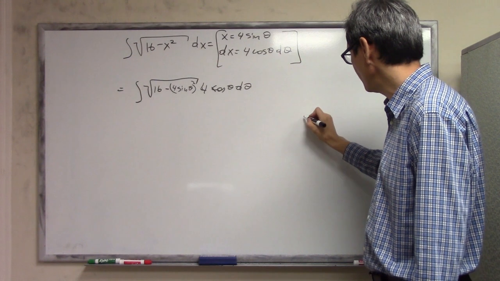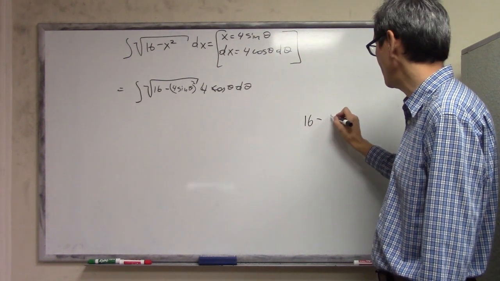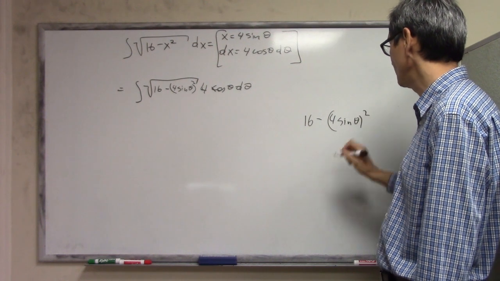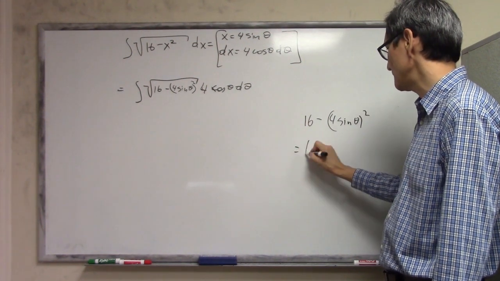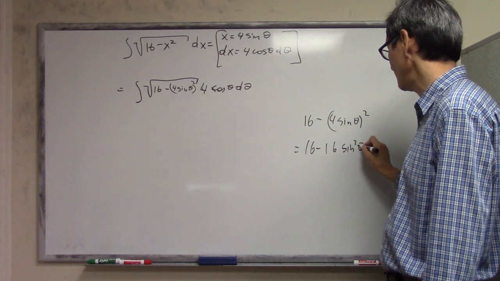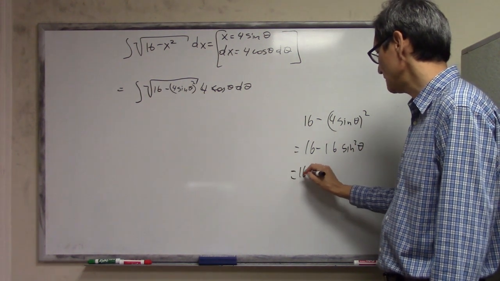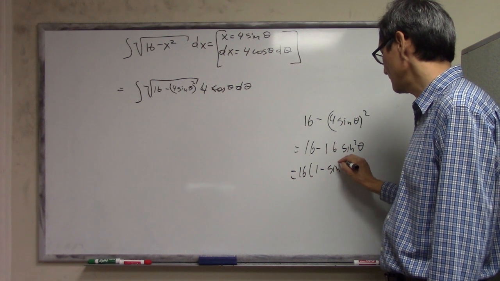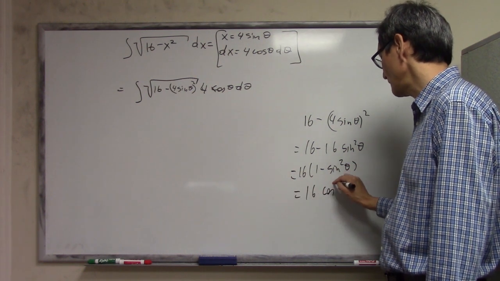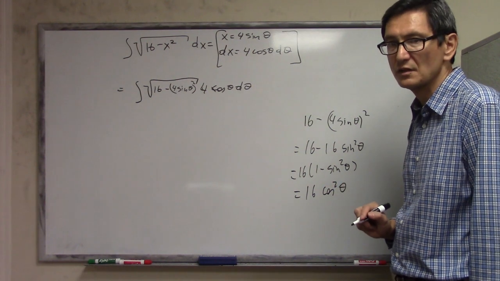If you look at the expression 16 minus 4 sine theta squared, that equals 16 minus 16 sine squared theta, so it equals 16 times (1 minus sine squared theta), which equals 16 cosine squared theta. That's my first observation.